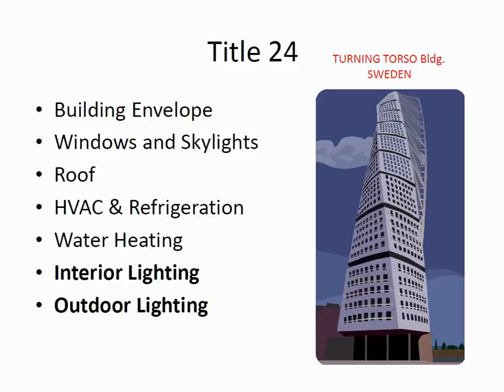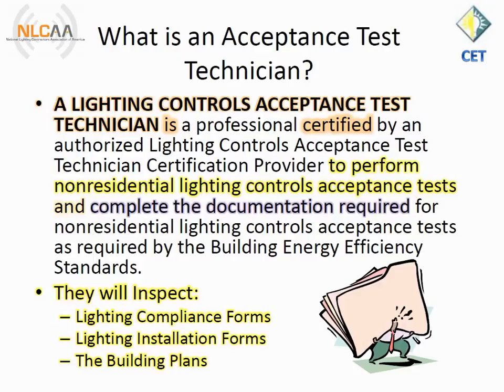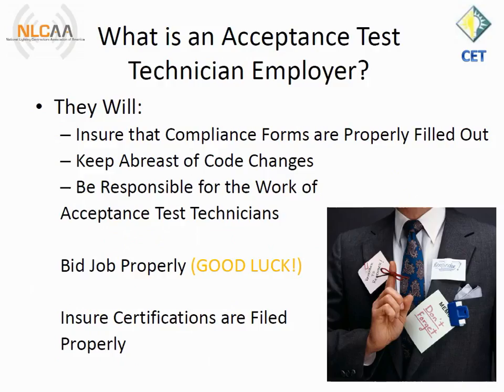California's Title 24 addresses both indoor and outdoor lighting controls. An acceptance test technician wants to fill out his acceptance testing forms and probably doesn't care about much else. Code says the field technician's employer has to be certified as well.